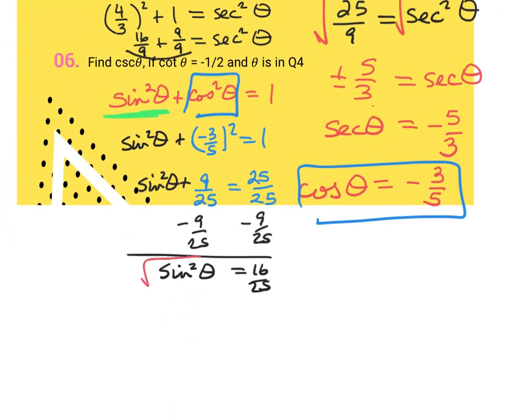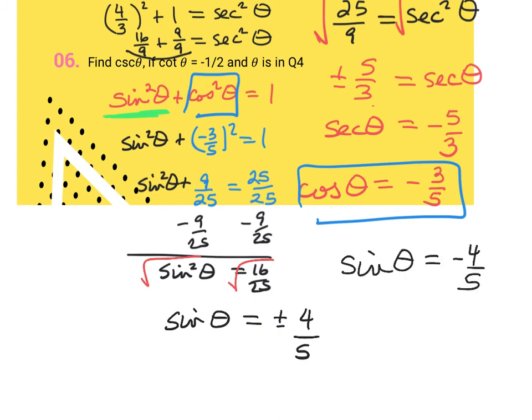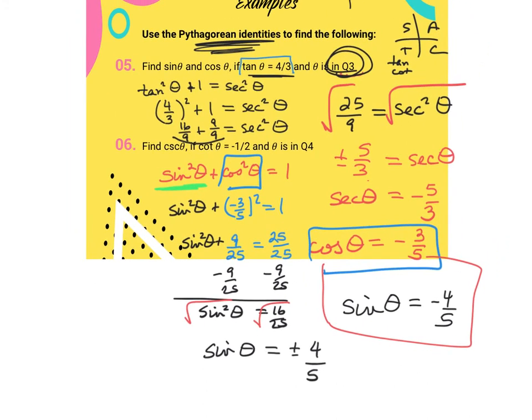I need to square root it. Sine of theta is equal to plus and minus 4 over 5. Again, I'm in quadrant 3, so the only one I'm keeping is negative 4/5. So there are your two answers to this problem using identities.